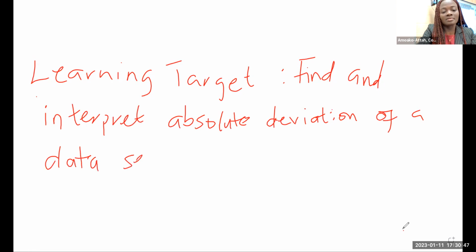Then we come to the I can statement, or our success criteria.